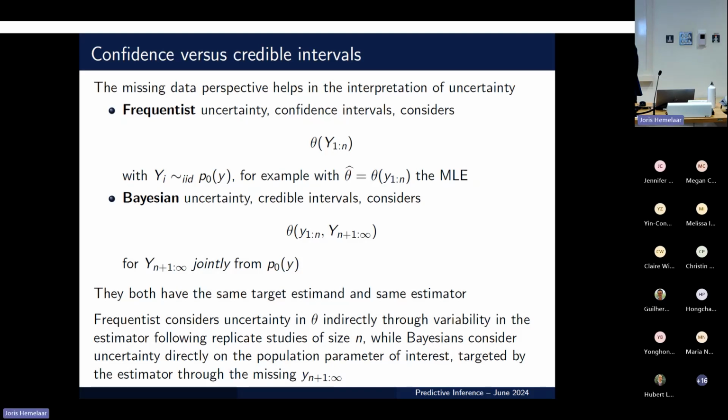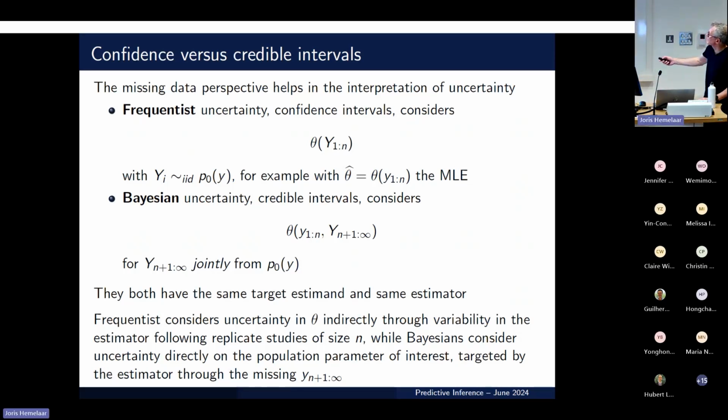Here's the Bayesian uncertainty. We've just derived that. It always conditions on the data that you have, and it treats the data that you don't have as the random component. But it puts them on equal footing. Sometimes you hear people say, oh, Bayesian inference treats the data as fixed and the parameters random, and frequentist treats the data as random and the parameters fixed. I don't believe that.